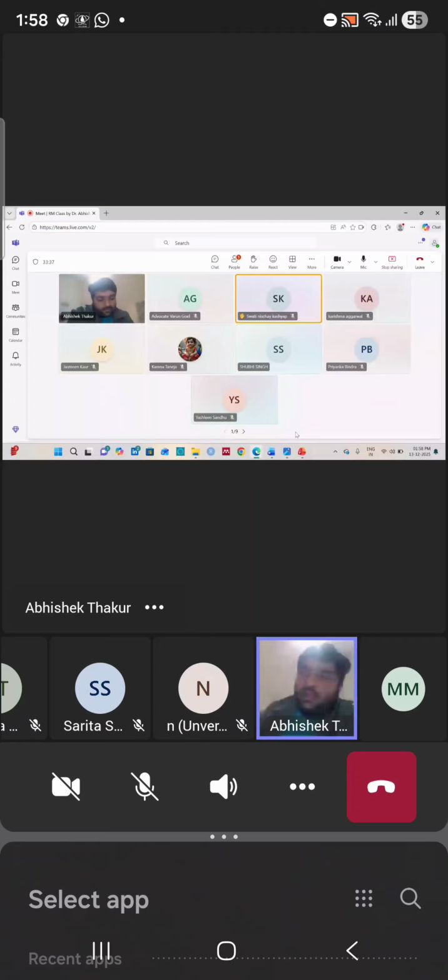Generally we use random sampling, but it is not a thumb rule. It depends on your research area and your research priorities.